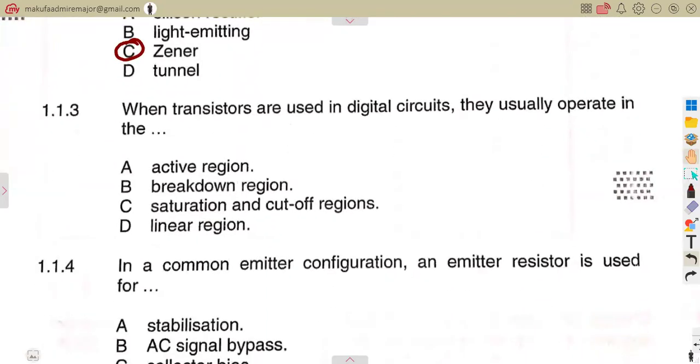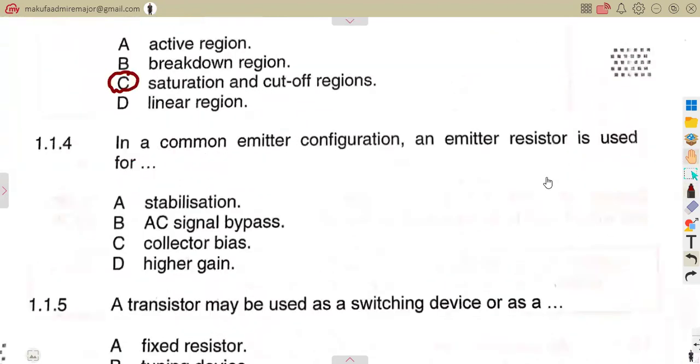Next: when transistors are used in digital circuits, they usually operate in the saturation and cut-off regions.